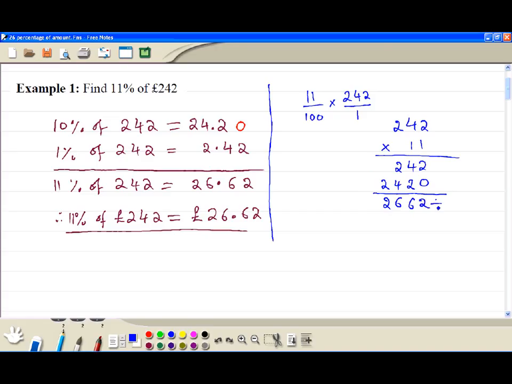So when you divide by 100, you move the decimal to the left 2 places. So that will be 26.62. So now you can say 11% of 242 is equal to £26.62.